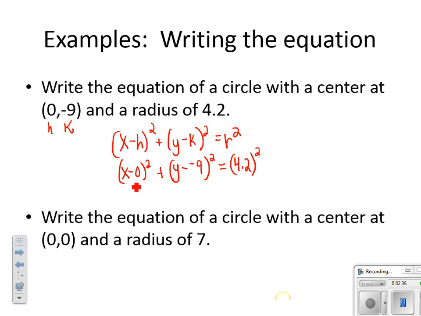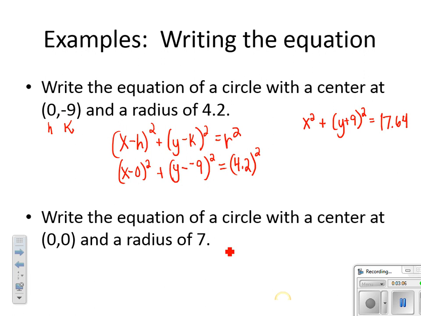Now, when I have a 0, I don't really need to write that. So I can say the equation of this circle is x squared plus, what happens to two negatives? They make a positive. Okay, and that equals 4.2 squared, which in your calculator would be 17.64. So that would be the equation of my circle.